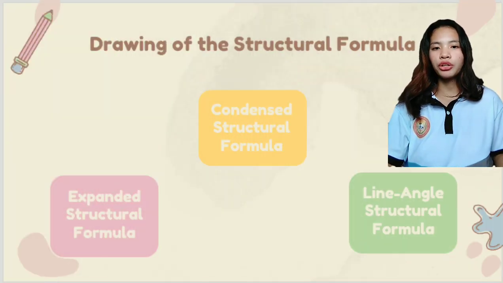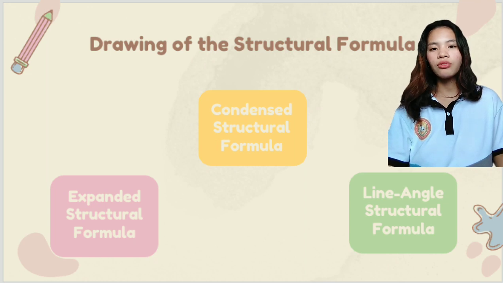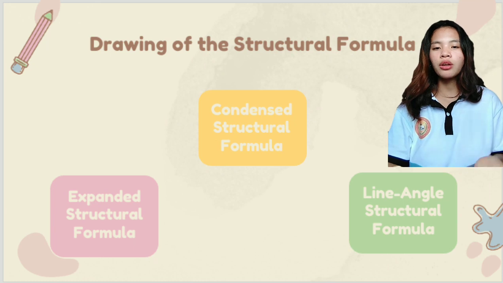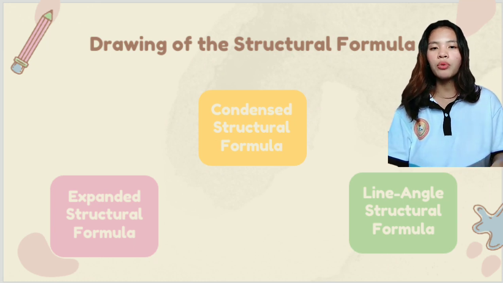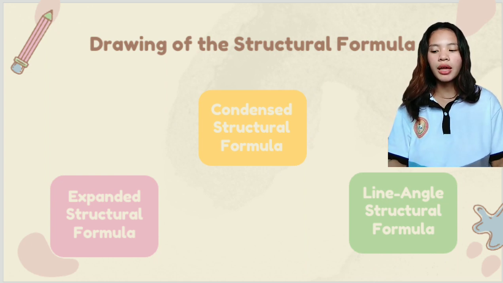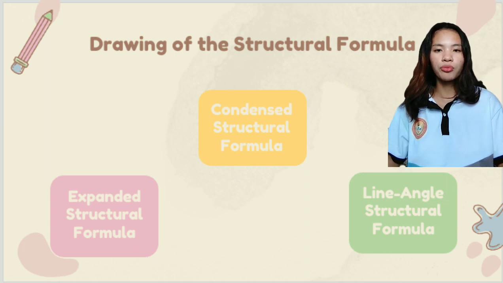And for the last part of our discussion in nomenclature, we have the drawing of the structural formula. In drawing the structural formula, we have the expanded structural formula, the condensed structural formula, and lastly, the line angle structural formula.